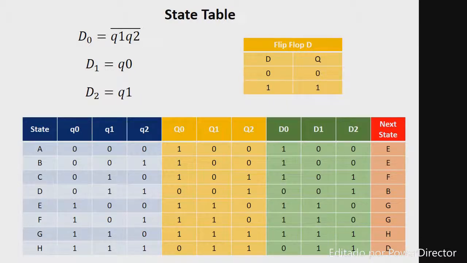Also, we organized each state with letters. Letter A for the first state, letter B for the second state, and so on. And in the final column, we have the next state. It depends on the value of our output.